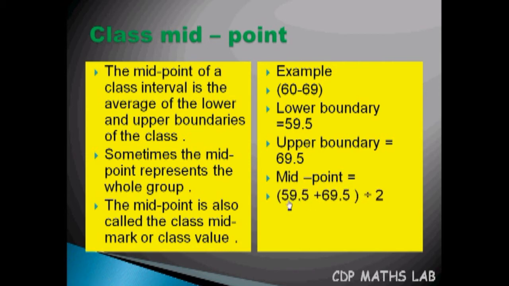What did we do? We add the lower class boundary to the upper class boundary, and then we divide that by 2. So you add both boundaries, then you divide by 2 to find the midpoint, which is 64.5. So that would be the midmark or the class value of that class itself.